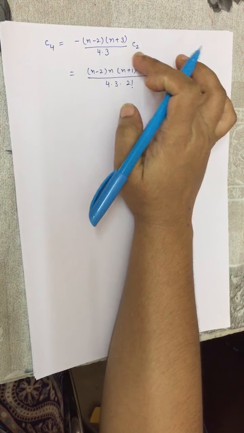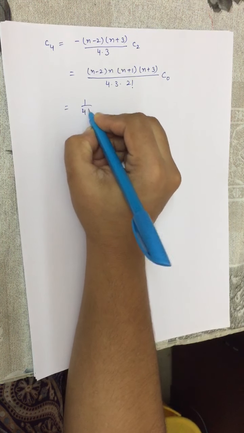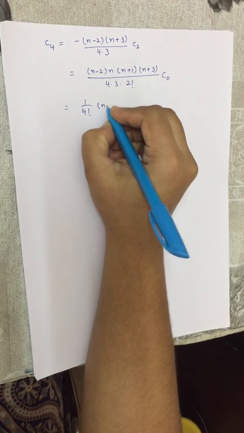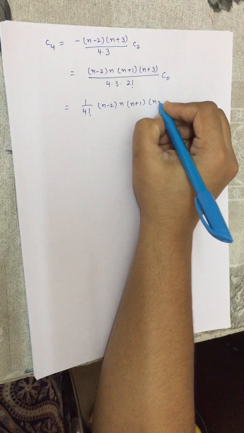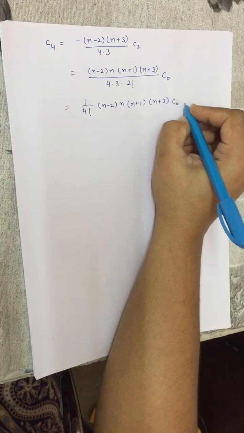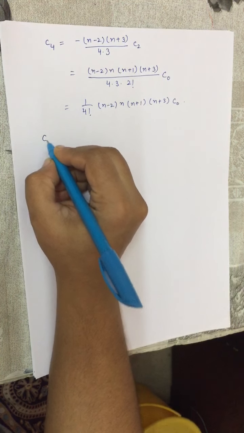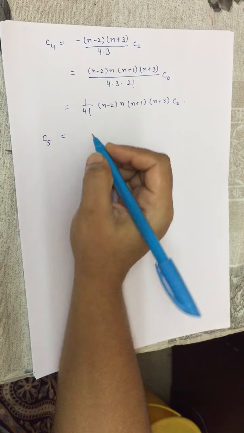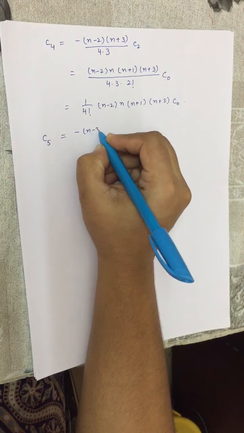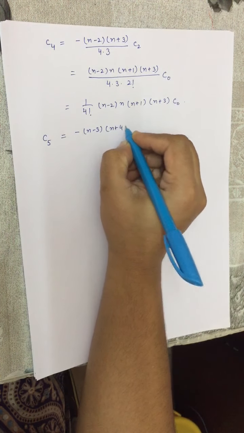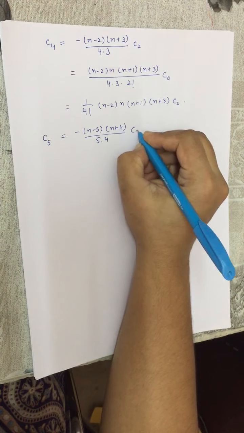So putting the value of C2 in terms of C0, we get 1 by 4 factorial (n-2)(n+1)(n+3) C0. Similarly again in the same formula, put m equal to 3 and we get C5, and that will be minus (n-3)(n+4) divided by 5 into 4 into C3.